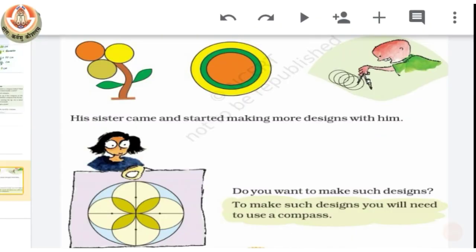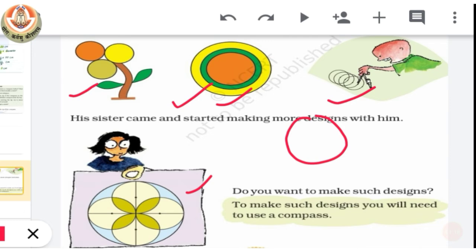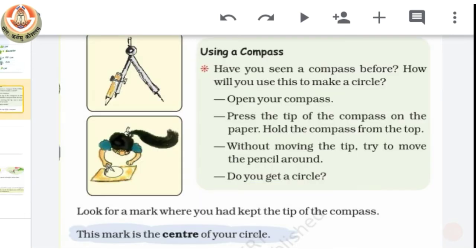After learning how we can use a compass to make a circle, let's try to make some designs with the use of circles. Here you can see there are 3 types of designs and also one more. This is very easy: you just have to make a circle, then increase the distance between the compass point and the pencil point.